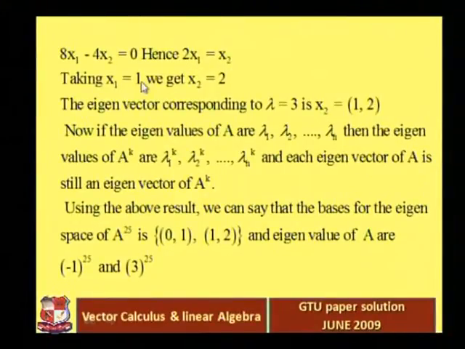Now taking x1 equal to 1, we get x2 equal to 2, correct? So the eigenvector corresponding to lambda equal to 3 is 1 2.